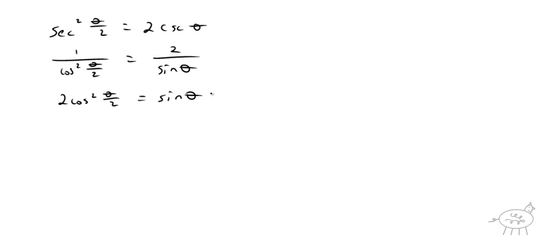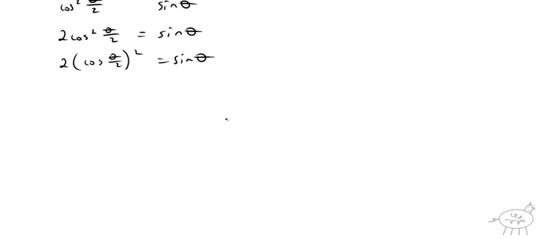It's cool. And, well, let's think about it, we have one of our nice little friendly formulas for half angle, right? Isn't it for cosine? Well, first of all, I can write this as cosine of theta over 2, squared. Do you agree with that? Okay. And so what is cosine of theta over 2? It is 2 times the square root of (1 plus cosine of theta) over 2, and then that's squared equals sine of theta.